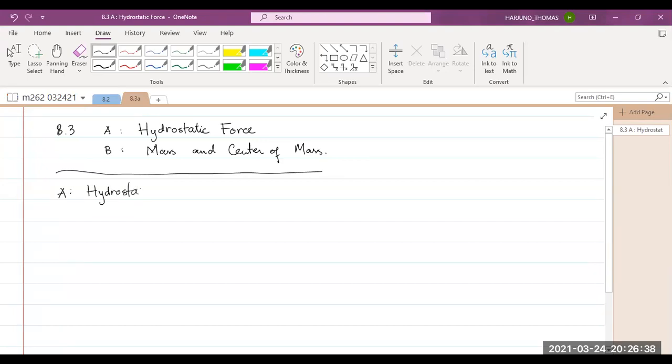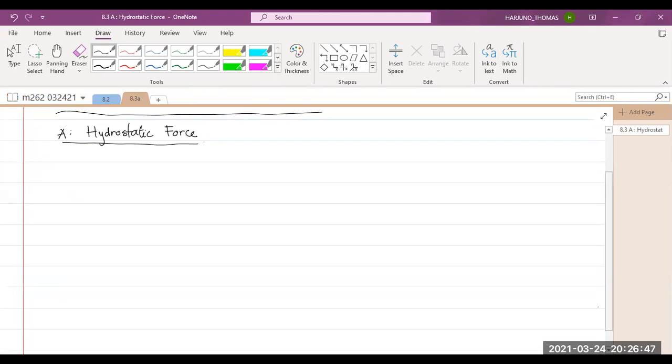Hydrostatic force. Okay, we start with the following situation. Suppose we have a pool of water in a box. In a box, we put water, and it doesn't have to be water. It's just any fluid, any liquid.